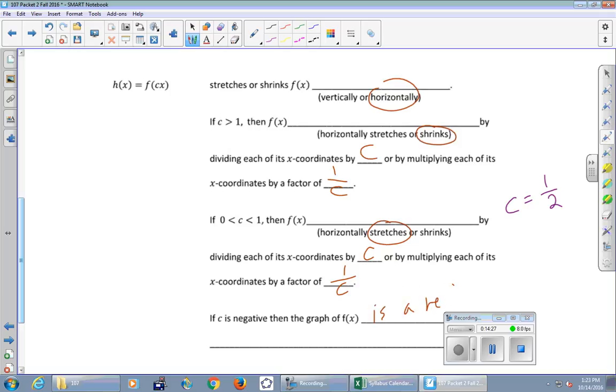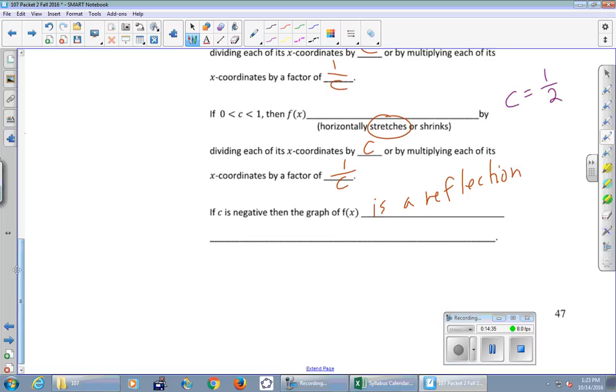Good, a reflection over the y-axis. Okay, so once you got all the answers filled in, let's jump back to whatever page we were on before, 53-ish.